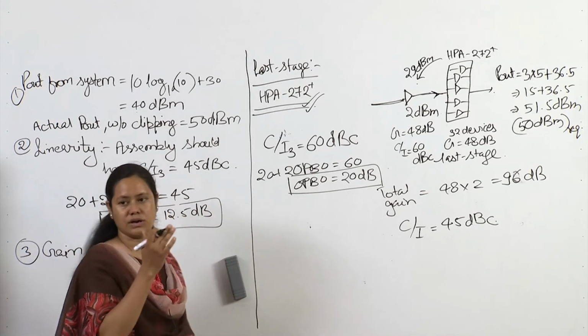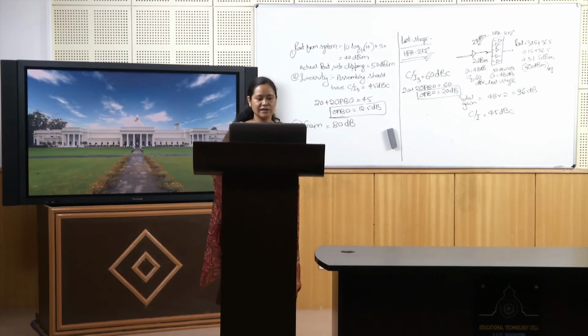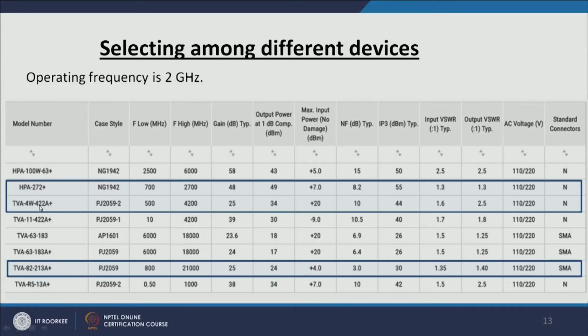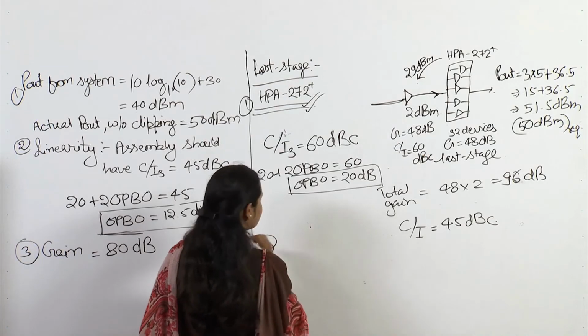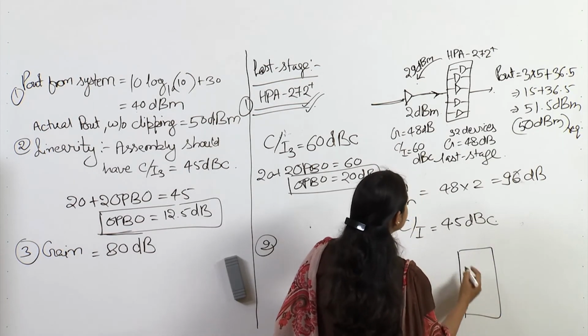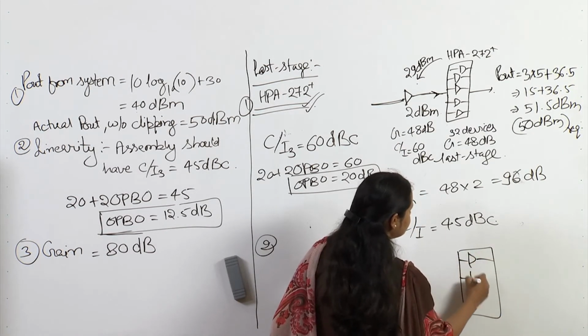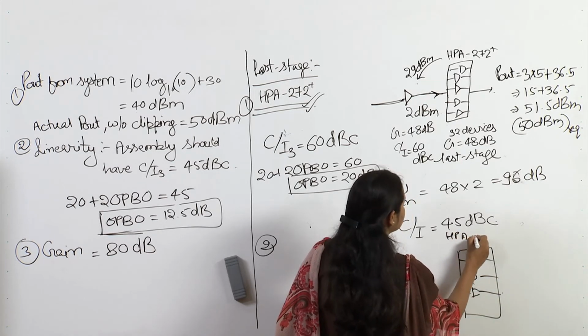Now, we can use another device also. For example, I choose TVA 4W 422A plus. In that case, 34 minus 20, which is 14. Now, solution 1, the second solution can be the same assembly here for the last stage, which is calculated for both the solutions, HPA 272 plus.